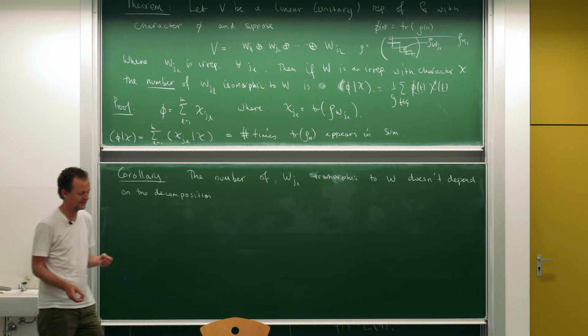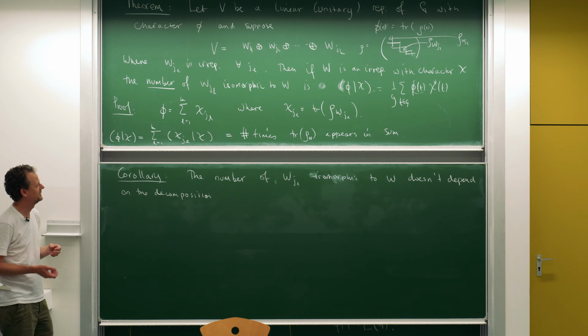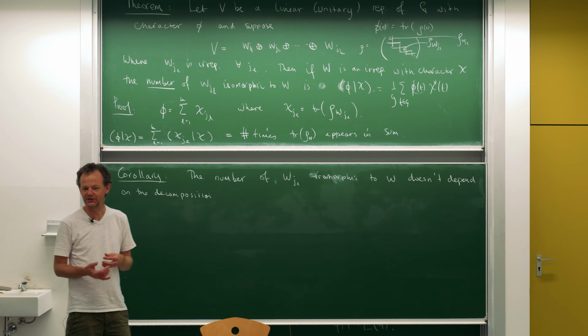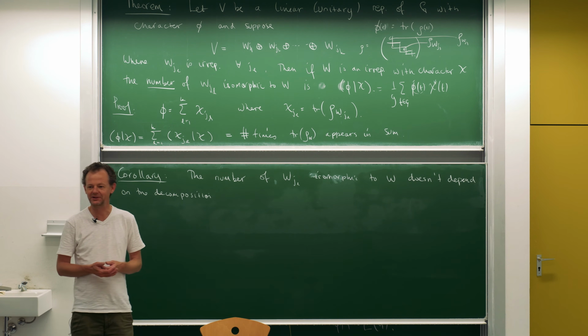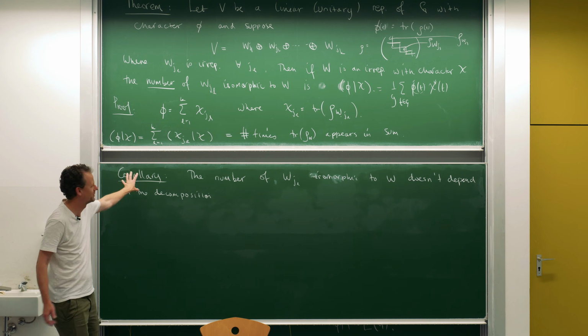All right. Okay. So in the book of Sayre, where this material comes from, he writes, indeed, it does not depend on the decomposition. That's the proof of this corollary here.